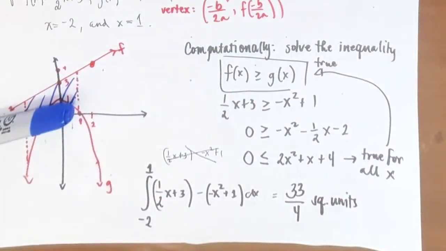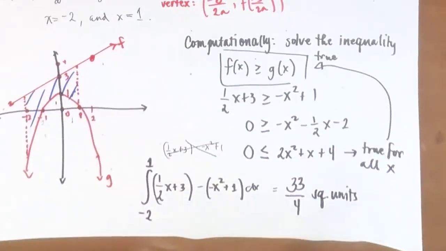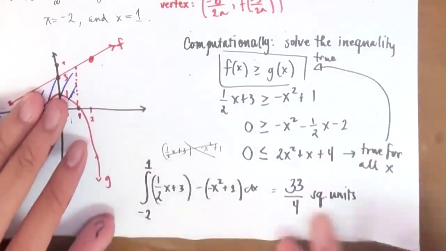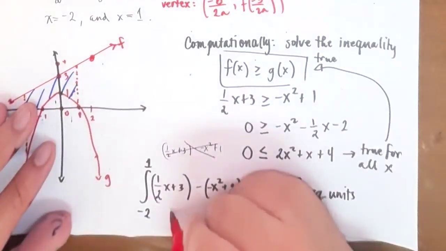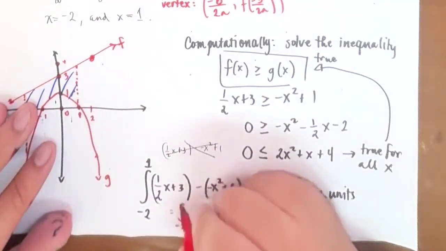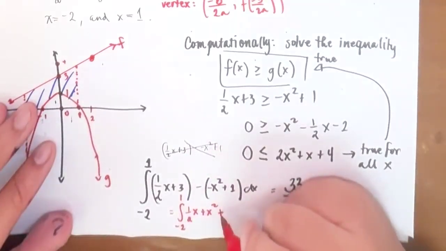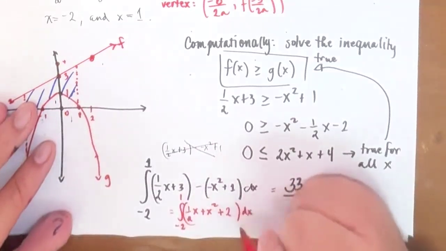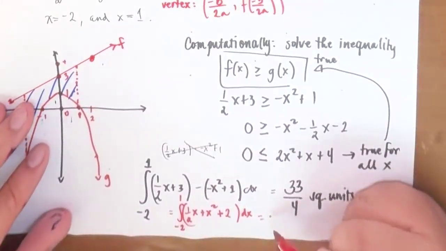Sir, question. Is that okay? Can we just directly write the answer? Look, the reason why I'm doing this directly is because of space. Ideally, you should do this, then find the integral.